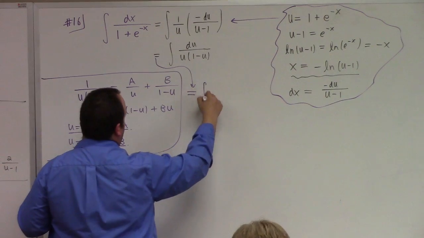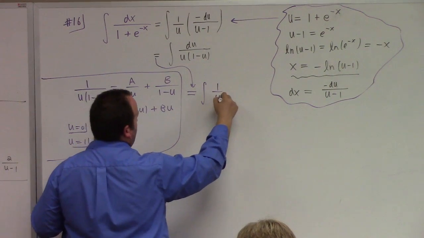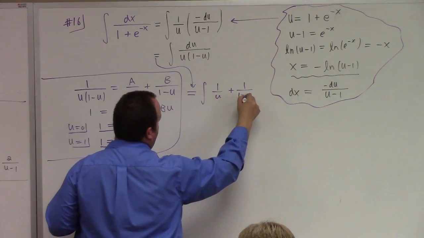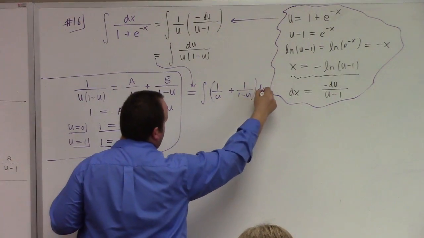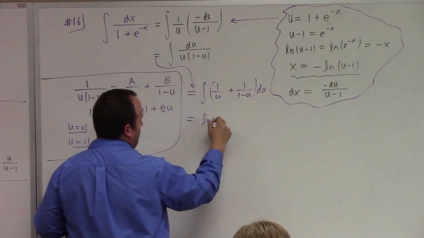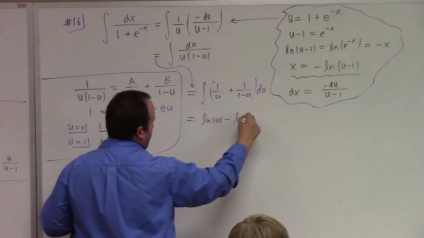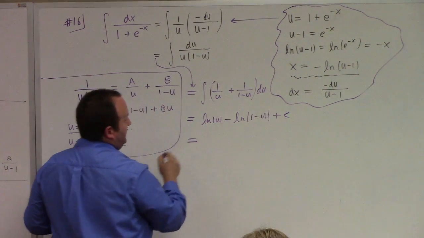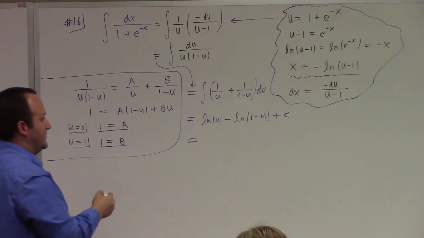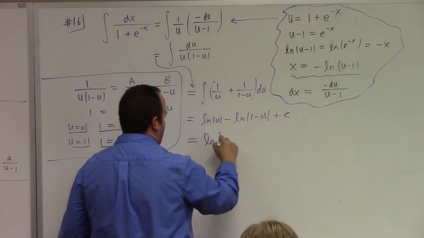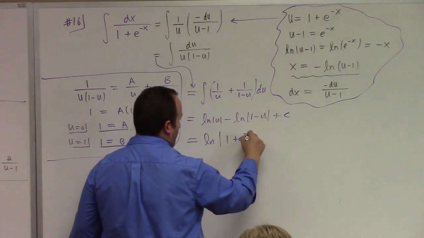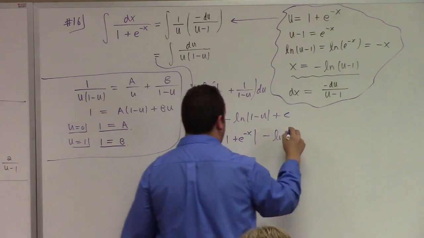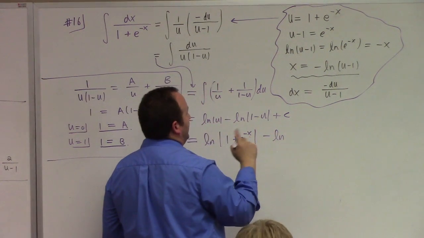Equals the integral of 1 over u plus 1 over 1 minus u du, also known as log u minus the natural log of the absolute value of 1 minus u plus a constant. But what is u? 1 plus e to the minus x. What's 1 minus u?